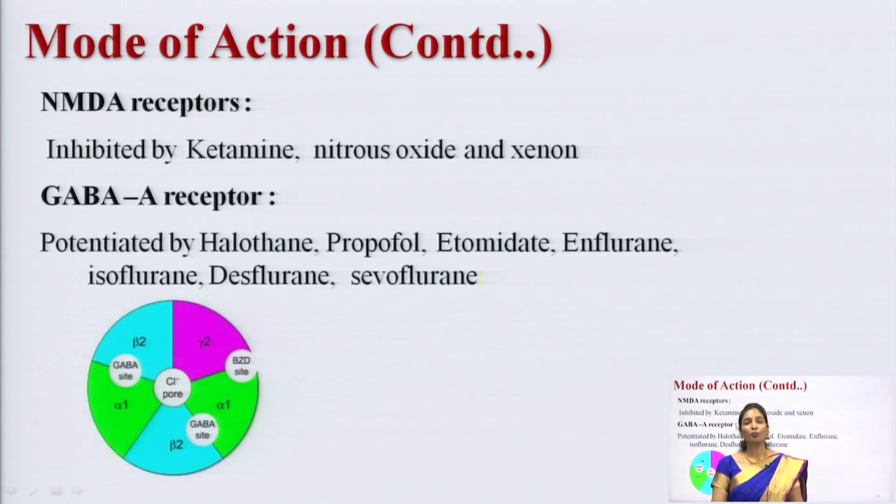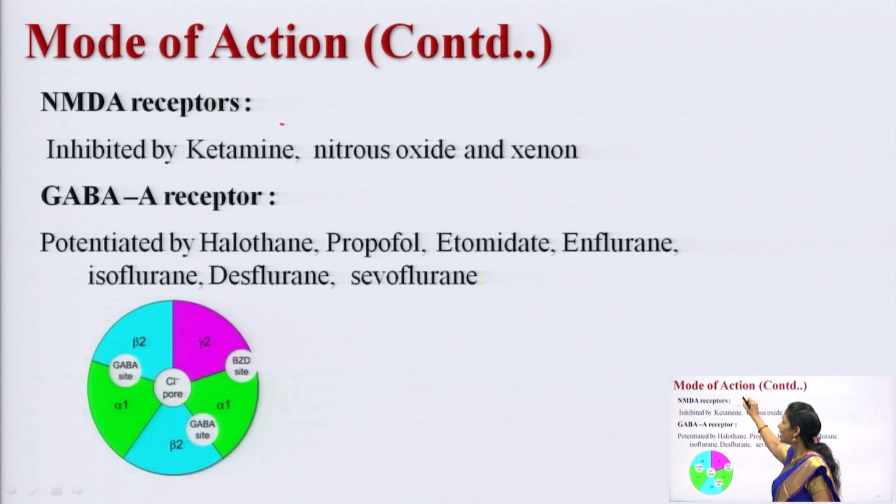If I am talking about the mode of action in detail, take the NMDA receptors. Okay, what is the NMDA receptor? The NMDA receptor is an excitatory neurotransmitter receptor. So, what is the mode of action of general anesthetic drugs? The mode of action is to inhibit the excitatory neurotransmitter.